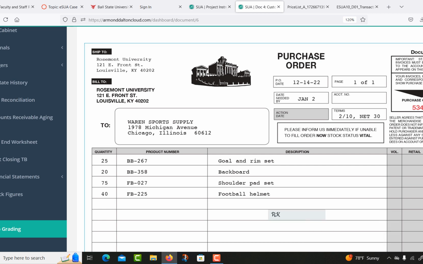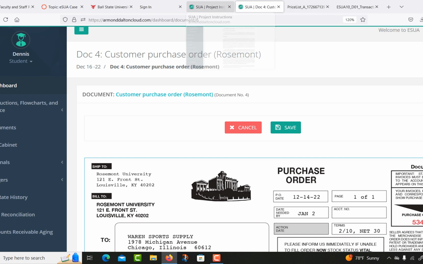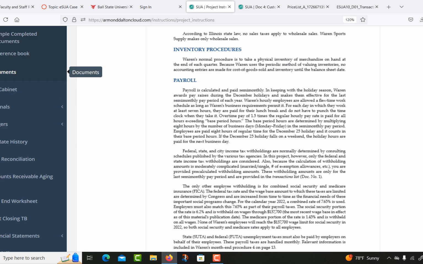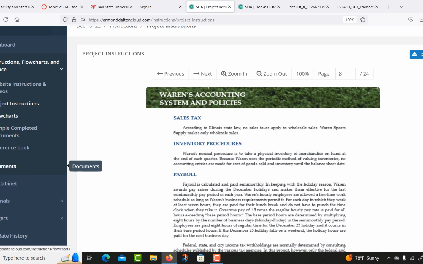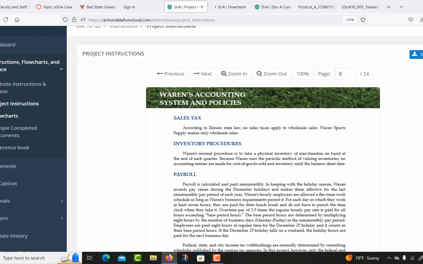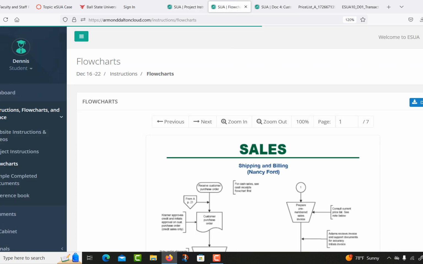When you have something that you're approving, let me go back and look at that again just to be safe. Let's open these in a new tab. So when we're looking at the sales, it says Kramer approves credit and initials the approval on customer purchase order.